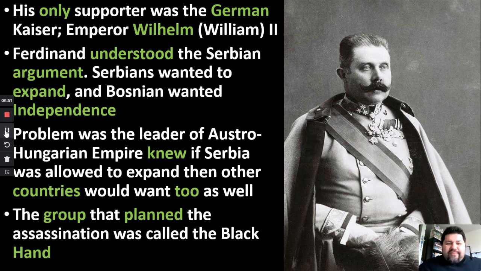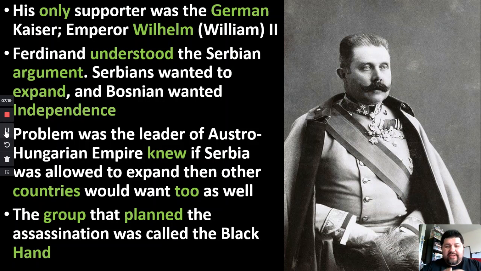Because the thing is, Ferdinand understood the Serbian people's arguments. He was a more rational person, whereas his uncle was all about, no, we are dominant, we take over people, things like that. Whereas Ferdinand was more like, you know what? I get why these guys are upset. I understand why they're so angry. He understood the Serbians wanted to expand.